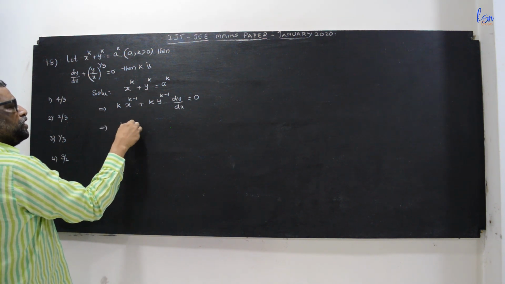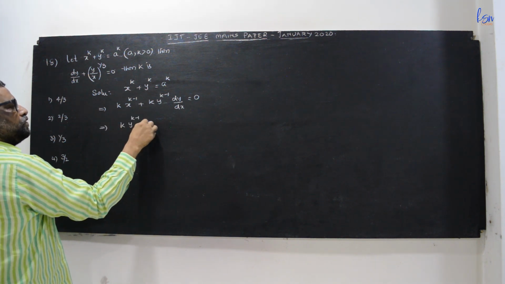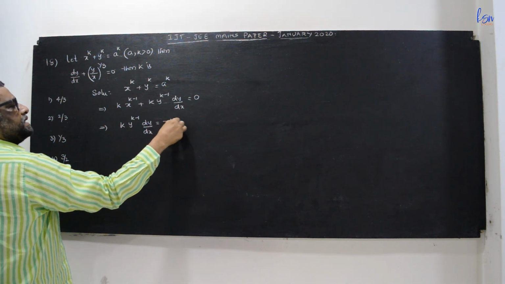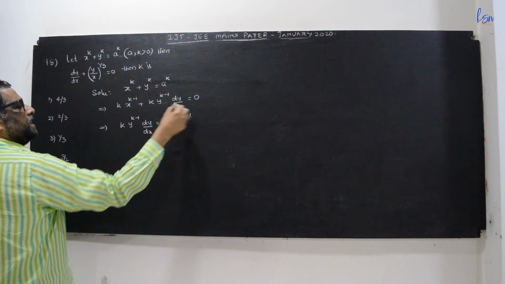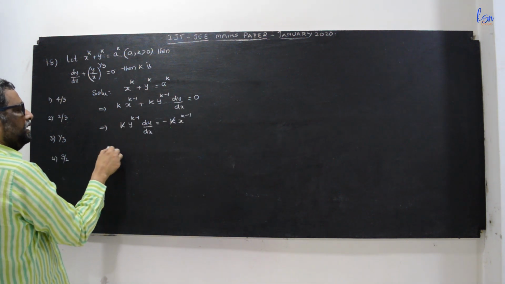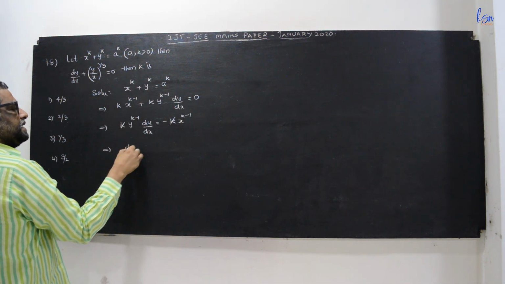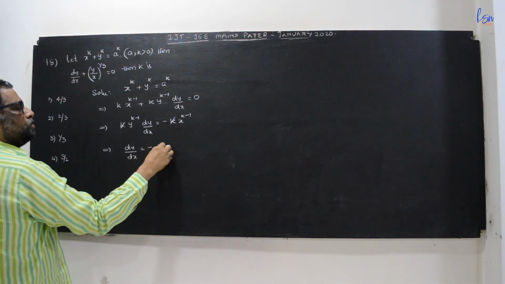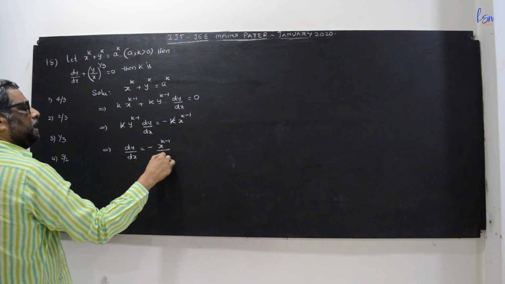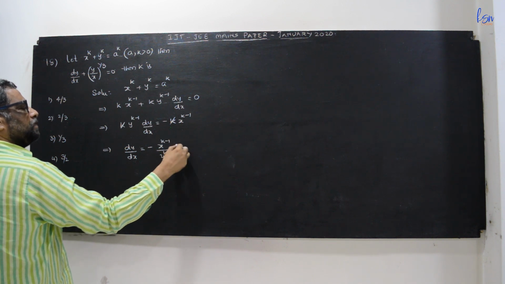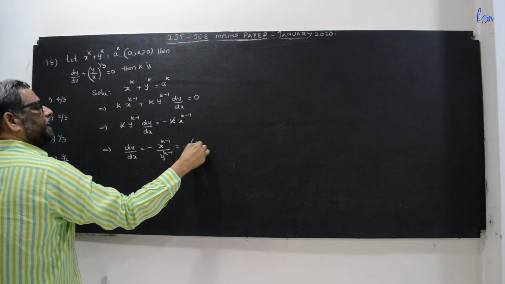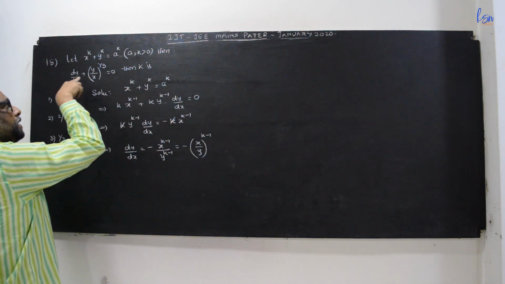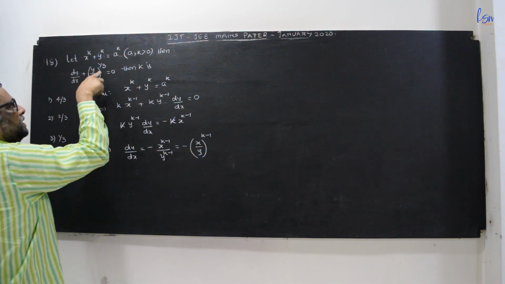So k into y to the power of k minus 1 into dy by dx is equal to minus k into x to the power of k minus 1. This k gets cancelled. So dy by dx is equal to minus x to the power of k minus 1 by y to the power of k minus 1, that is minus (x by y) whole to the power of k minus 1. But in the problem it is asked as y by x.